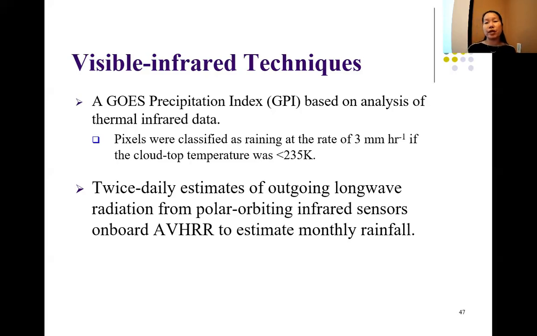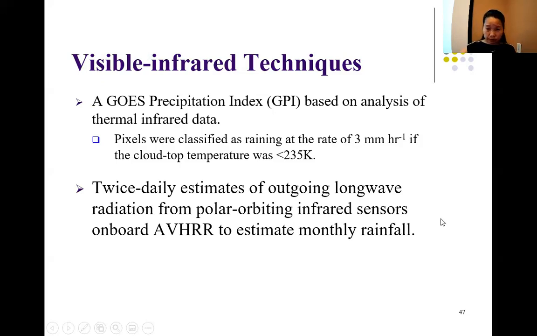They were using the thermal infrared channel band to produce that information, and they found that they can classify pixels as raining at the rate of 3 mm per hour if the cloud top temperature was less than 235 K. So you can use those data sets to produce the GPI index, and from this index you can identify areas that will possibly produce rain.